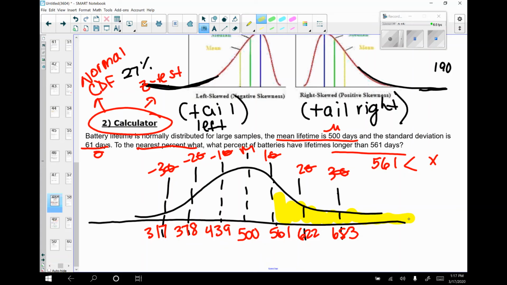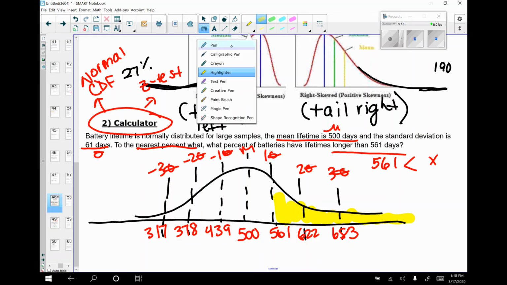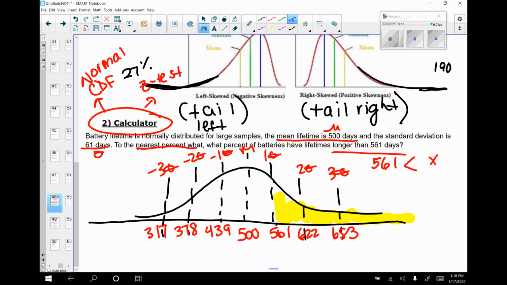I already know how this is broken up: this is 34%, this is 13.5%, this is about 2.35%, and this is about 0.1%. So if I add up 13.5 plus 2.35 plus 0.1, I get about 15.95%. So that's an estimation to the nearest percent, maybe 16%, around there.